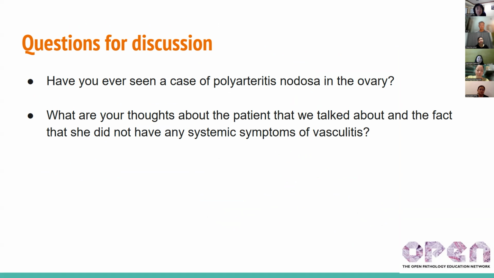In our case, she was only diagnosed with a benign ovarian cyst, and they thought it might be a benign simple cyst or serous cystadenoma or something like that, and she carried this cyst for like 20 years. The other doctors also thought it might be just a cyst, but after pathological examination, we found out that it might be a systemic vascular disease.